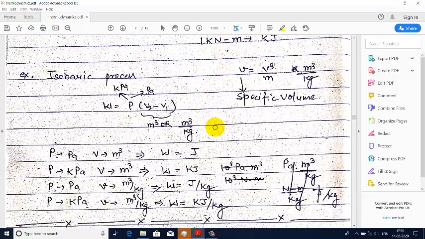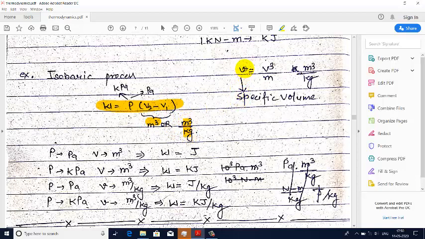To make the units more clear, let us take an example. In case of an isobaric process, the formula for work transfer is this. Here the unit for pressure can be in kilopascal or pascal, and the volume can be in meter cube, and volume is also represented by meter cube per kg.